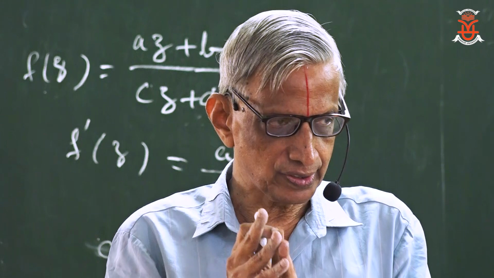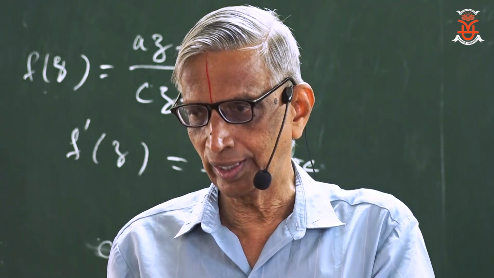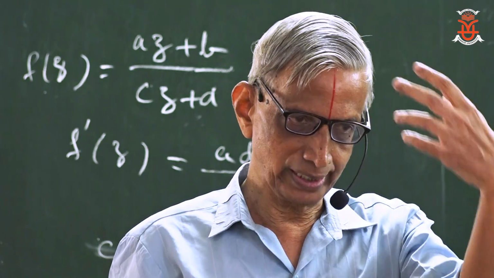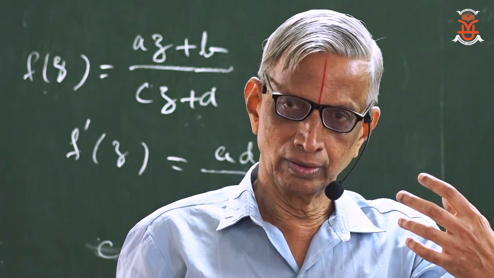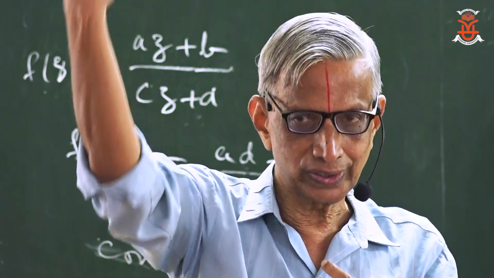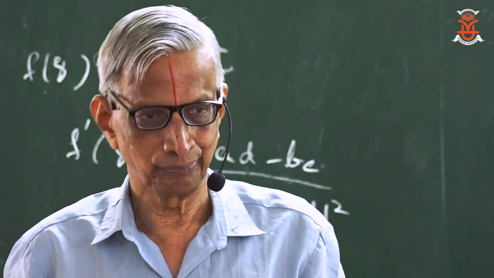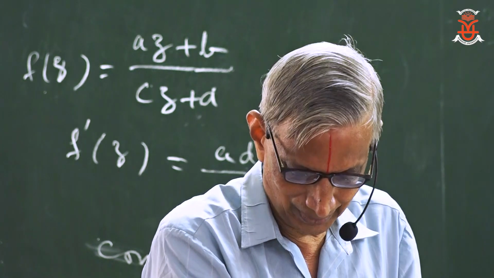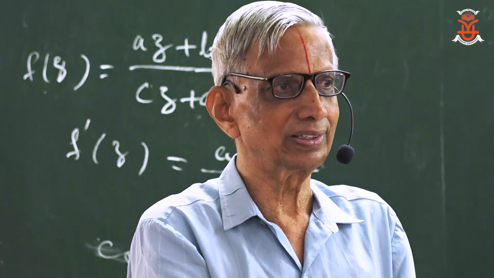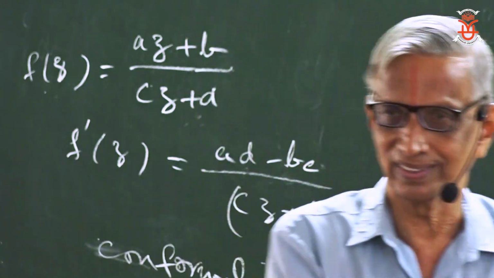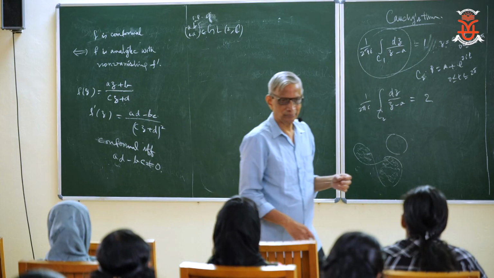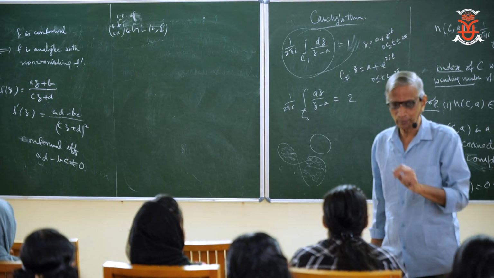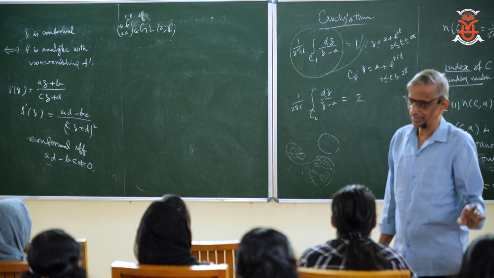The interior of C also lies in omega can be expressed by saying that the index of C for any point outside the domain is 0, right? So this gives what is called the homology version of Cauchy's theorem. Don't worry about the term right now. I'll say something about it a little later.